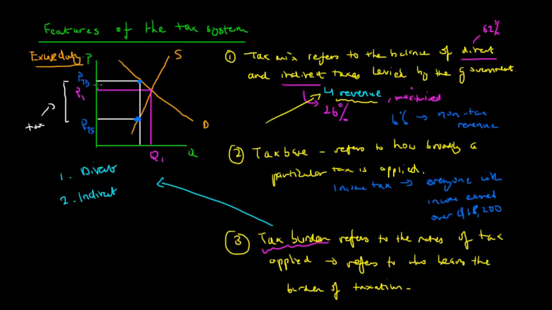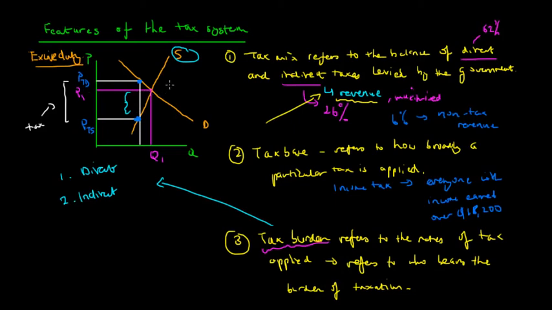As you can see from the graph, the majority of the burden of the tax is borne by those supplying, because the suppliers are losing this much money.